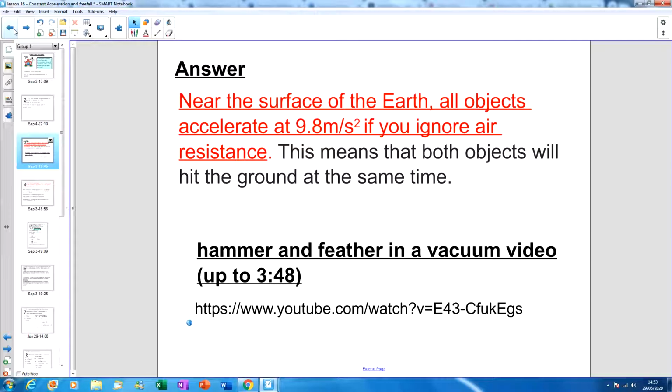And he said, well, if you could drop a hammer and a feather from the same height at the same time, they'd both hit the ground at the same time if you ignore air resistance. And that's really quite difficult to test, actually, on the surface of the Earth, because there's air everywhere.